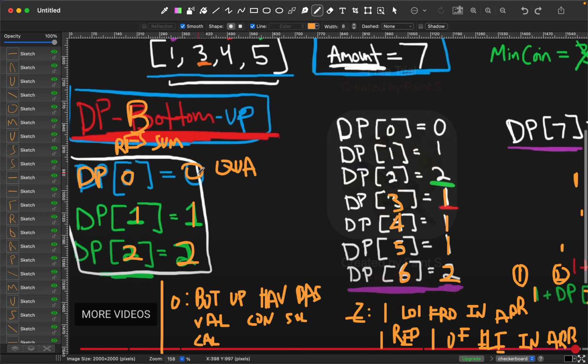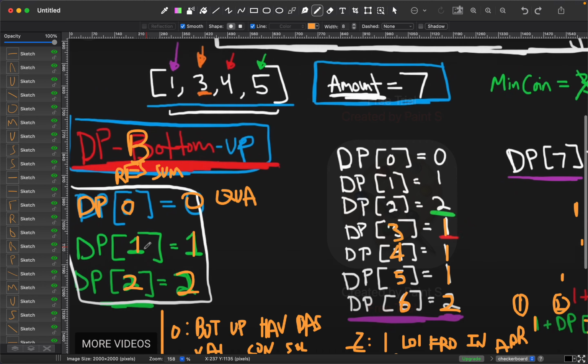I need 0 quantity to reach this result summation. I need 1 quantity to reach the result summation of 1. I need 2 quantity, in this case double 1 coin, to reach the result summation of 2. And at certain points you can use part of this base case to do your calculation for these areas.